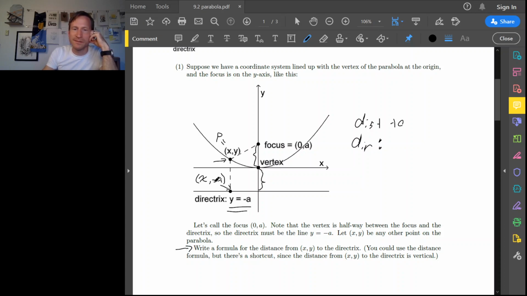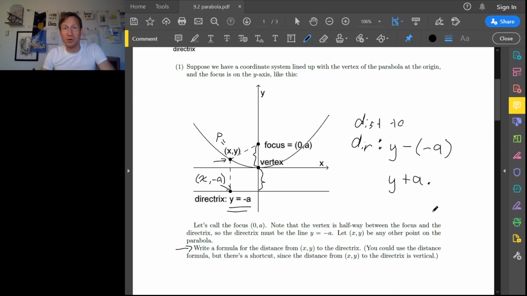So we could find the distance between these two points just using the distance formula in the plane, but because they're aligned vertically, there's actually a shortcut. We can just subtract their y coordinates. So y, the y coordinate of the upper point P, minus the y coordinate of the point on the directrix, and that's minus a. And so the distance from the point P to the directrix is just y plus a.